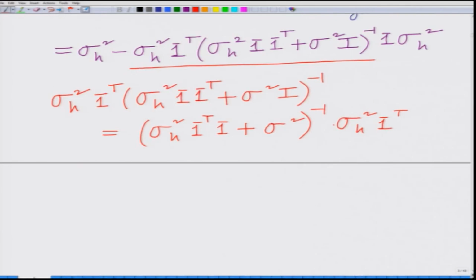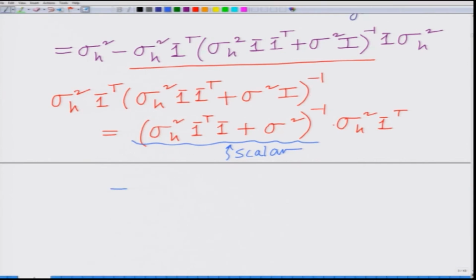In fact, we also know that sigma_h square 1 bar transpose 1 bar plus sigma square is a scalar, because 1 bar transpose is a row vector and 1 bar is a column vector, so 1 bar transpose 1 bar is n. So this quantity is a scalar.